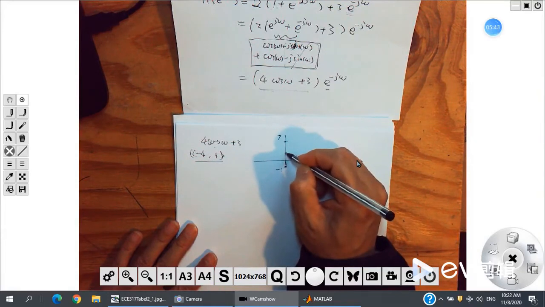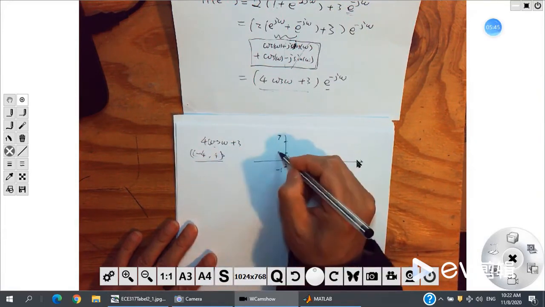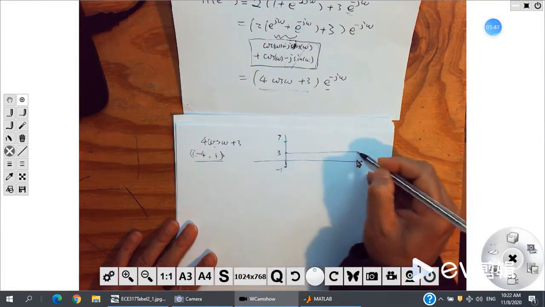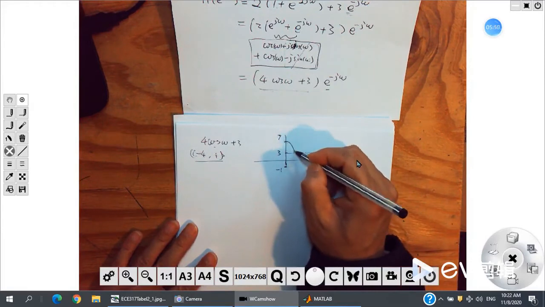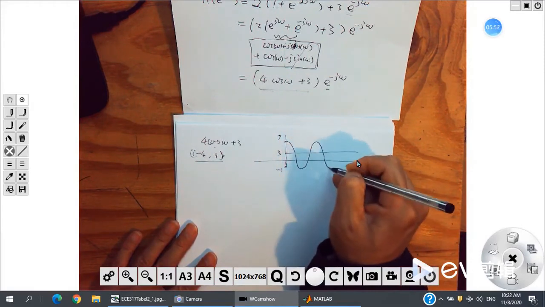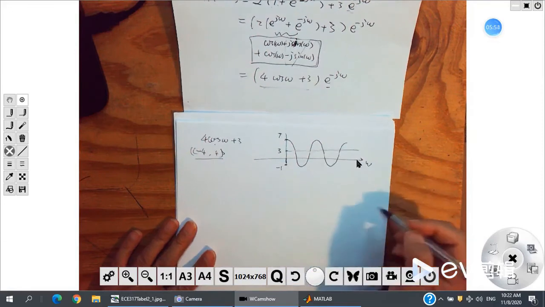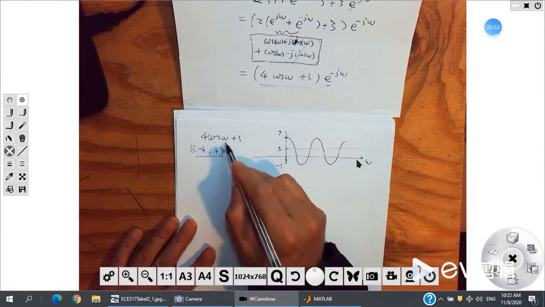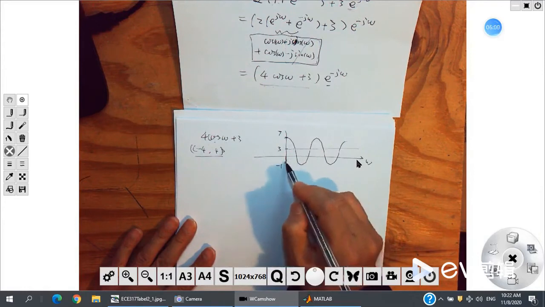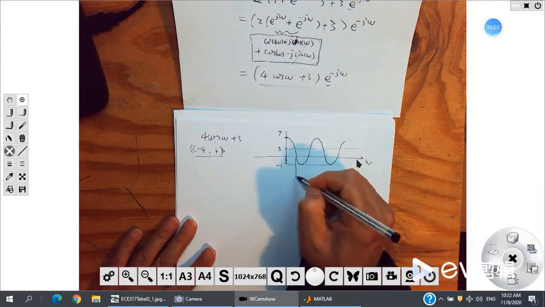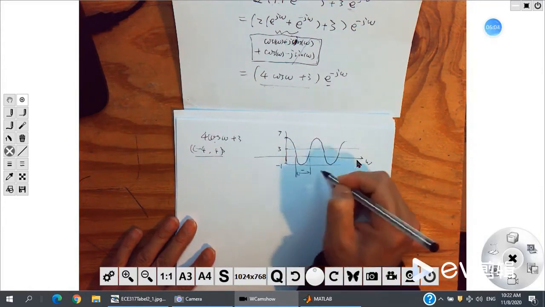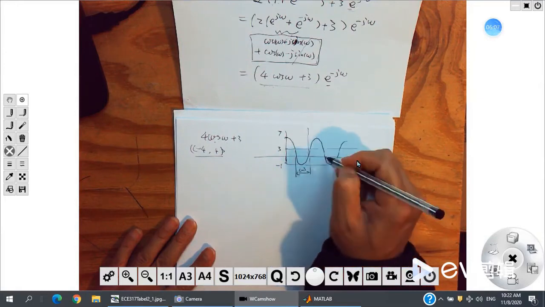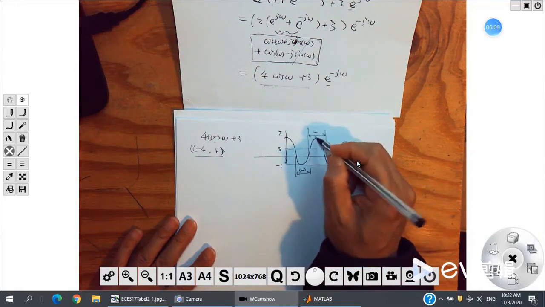The center is 3, this 3 line, and the cosine curve looks like this. This is ω. This is 4 cosine ω plus 3. This part is negative, and this part is positive.